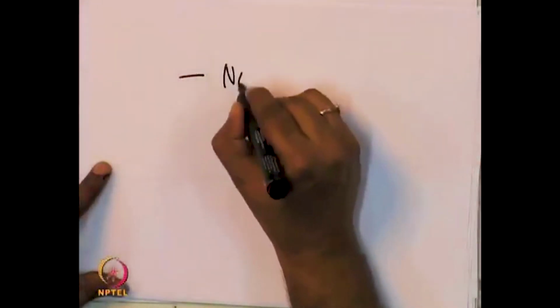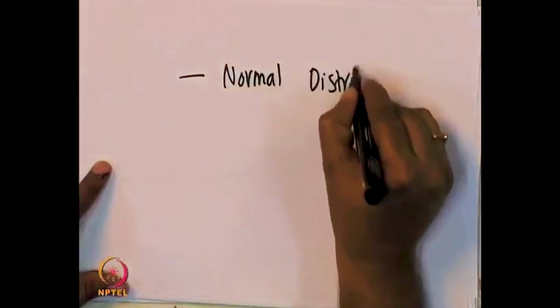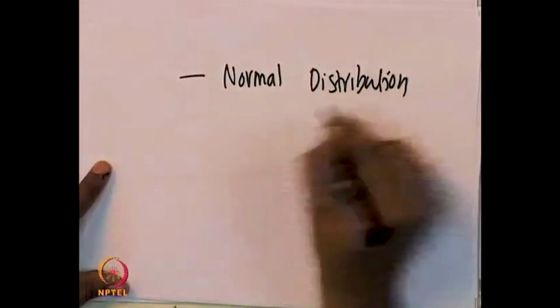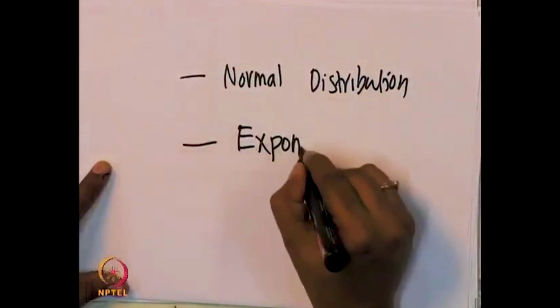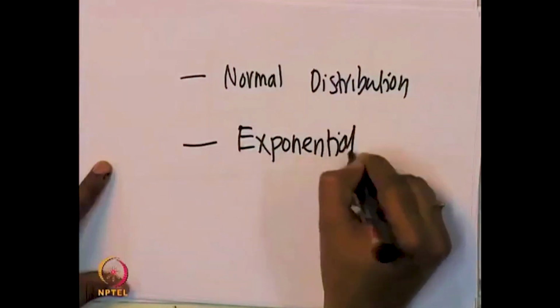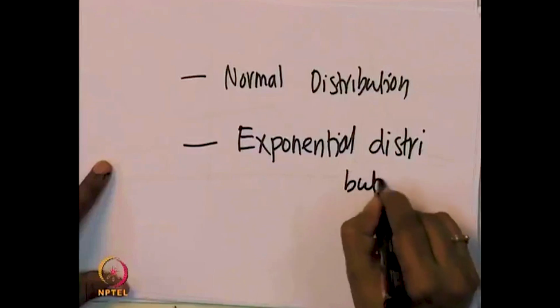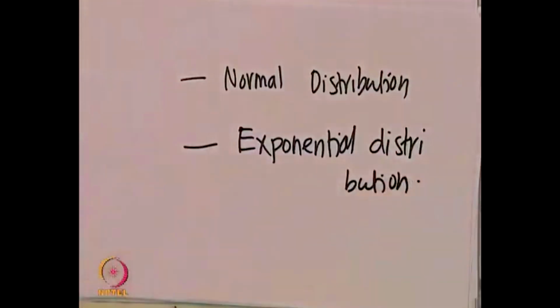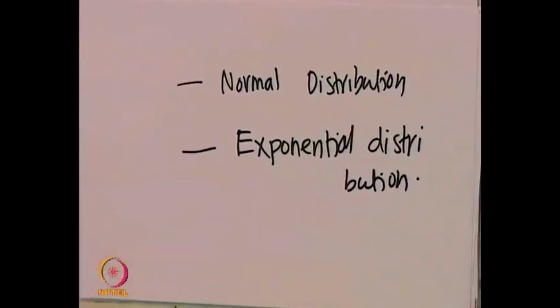So we learned two kinds of distribution: normal distribution and exponential distribution. These two distributions are very useful in biology.